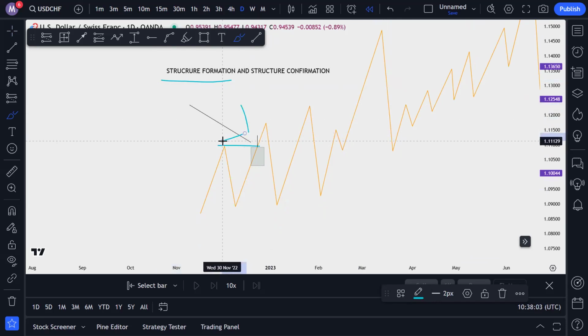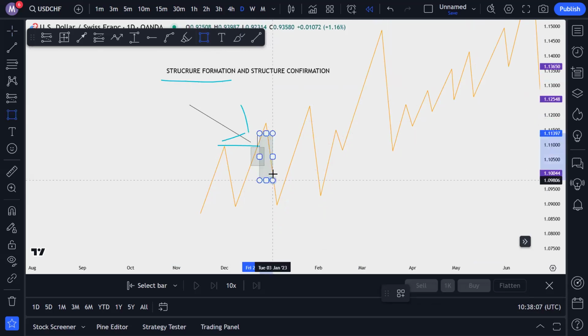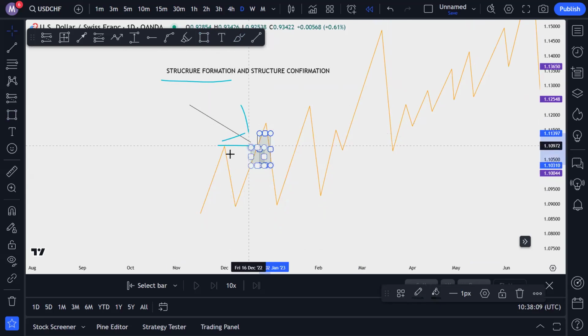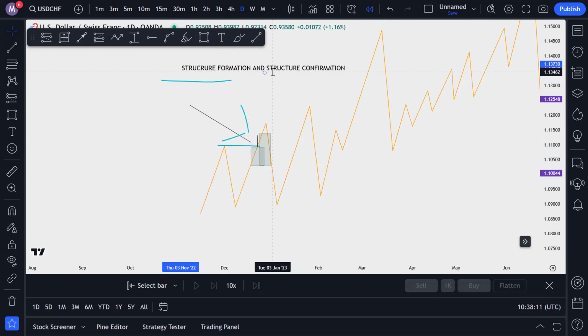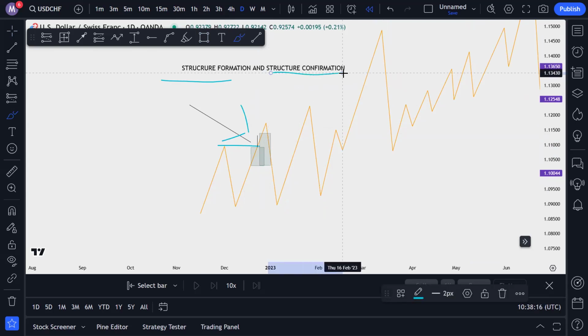So we have to wait for the price to perform what we call the structure confirmation by giving a candle closure above this high. When price performs a candle closure above that high, it's called a structure confirmation. So it means that we confirm the break of market structure here by a structure confirmation, not a structure formation. When you mark the break of market structure, always consider price closing above.